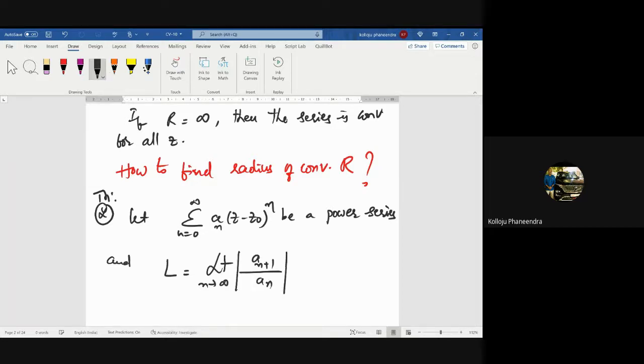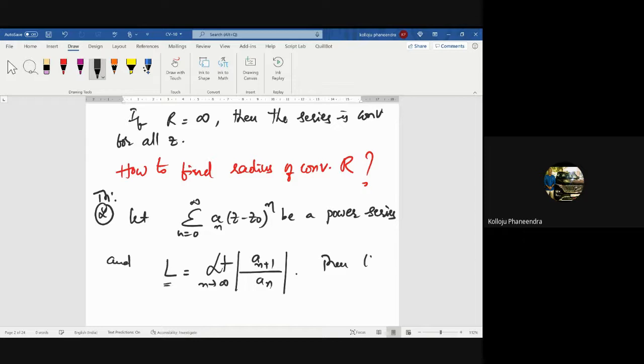This is nothing but our ratio test. In first semester we did D'Alembert's ratio test. Now here an plus 1 by an, and the limit value is L.